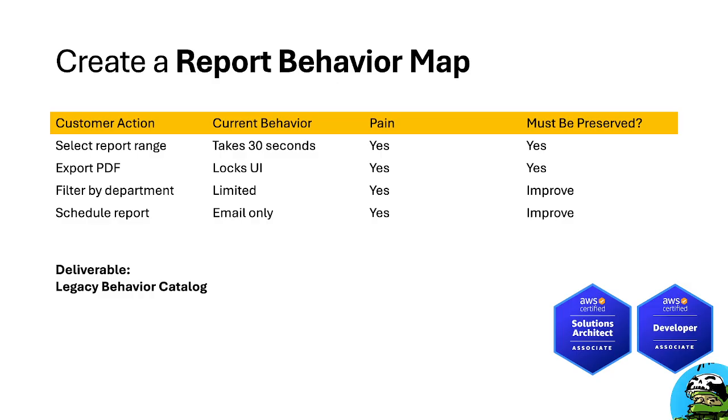So that is going to be the prioritization, so that we can prioritize the behaviors that we want to innovate or improve. This is phase two, the legacy behavior. The deliverable of this phase is the legacy behavior catalog, and we're going to catalog and put in a table all of the current behavior that is currently in the existing app.